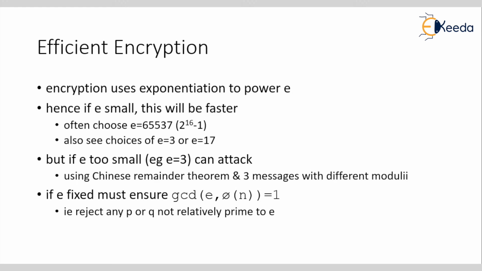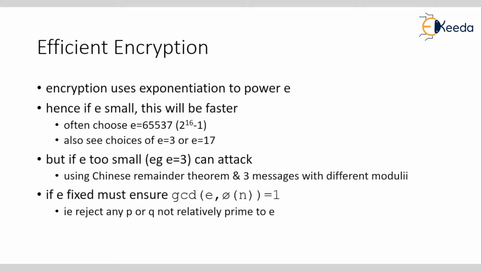Now, how do we define the efficiency of the encryption process? Encryption uses exponentiation to the power of e. e is considered one of the pair of the encryption key. Hence, if e is small, this will be faster. That means if the value of e is small, the RSA algorithm will work faster.